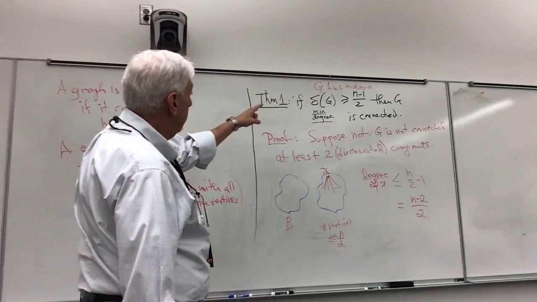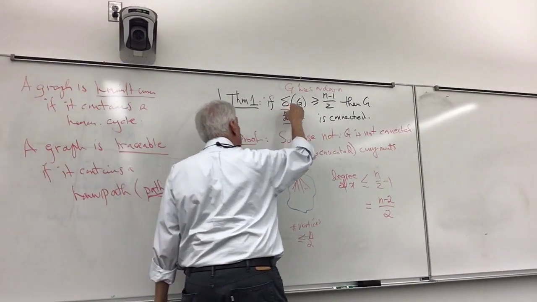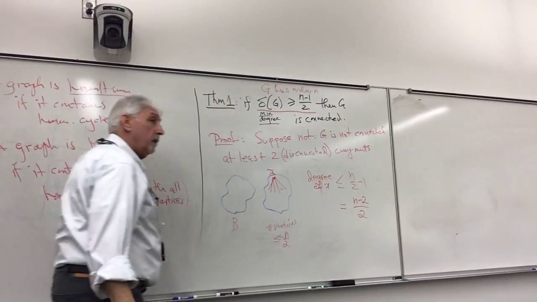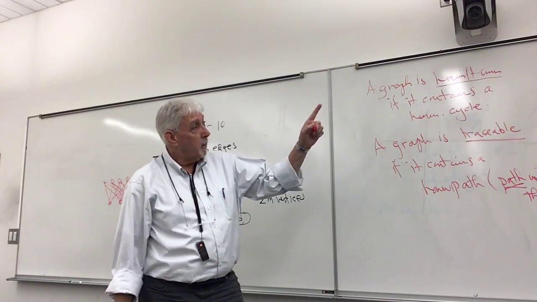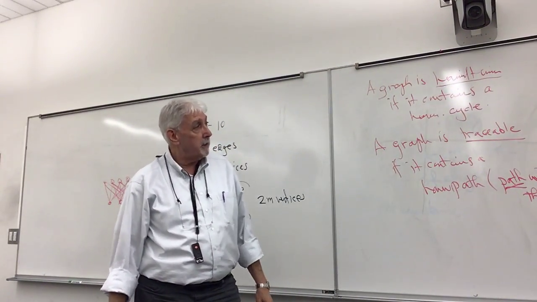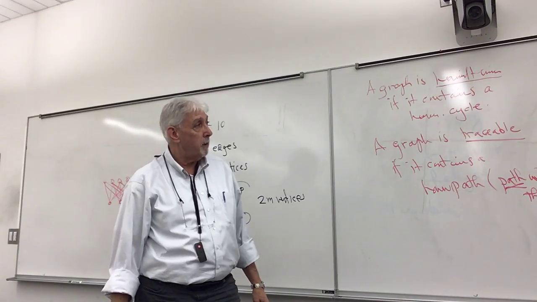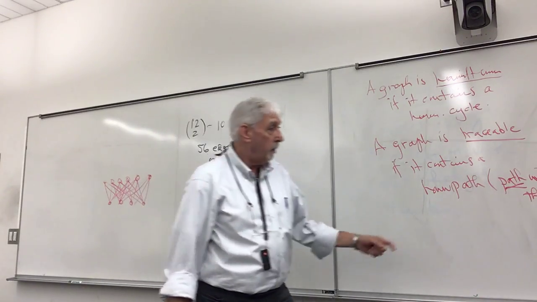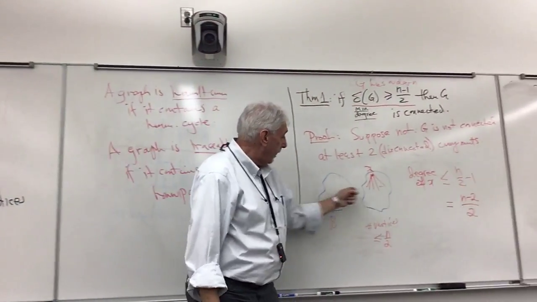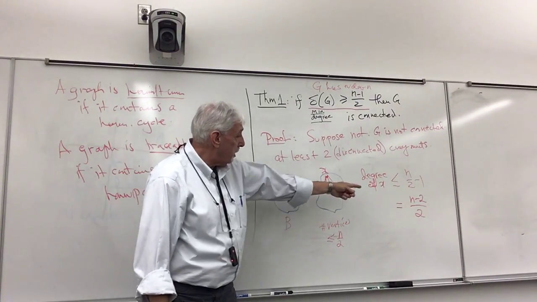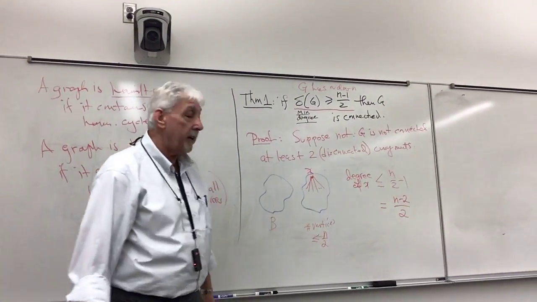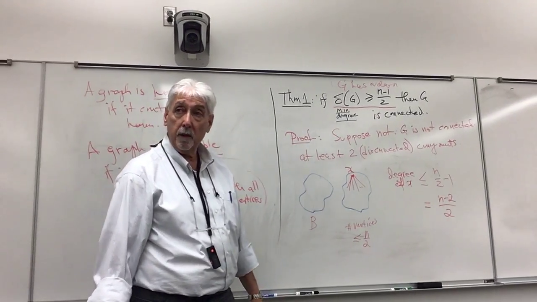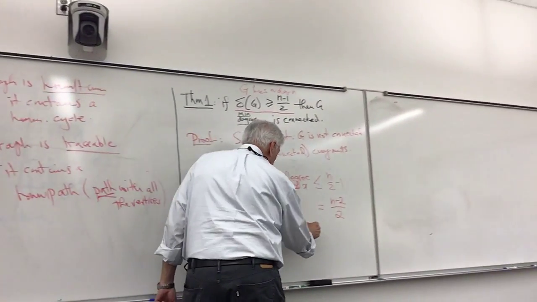Oh, wait a second. But what did we say the minimum degree of the graph is? We're assuming that the minimum degree is greater than or equal to (n-1)/2. And now we've shown that if it's not connected, if there are at least two blobs, then the degree of any vertex in here is less than or equal to (n-2)/2, which is a contradiction.